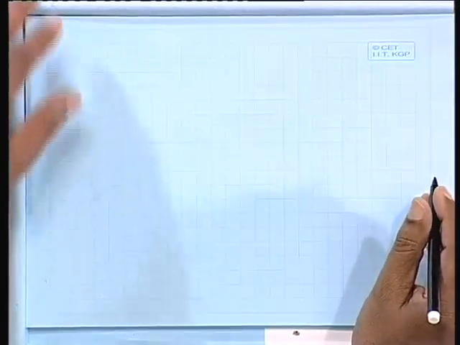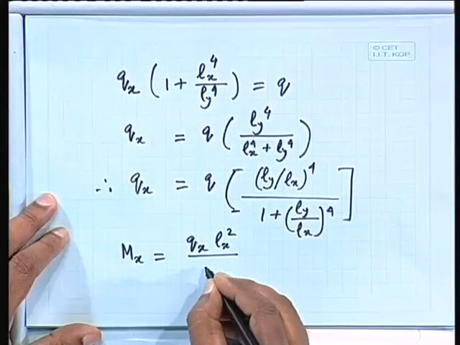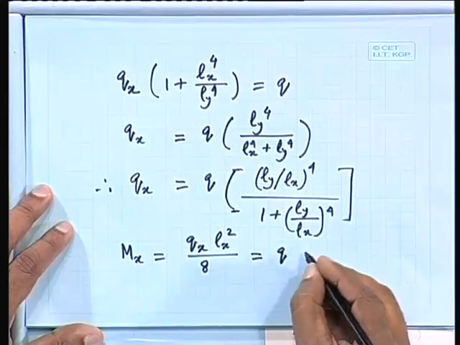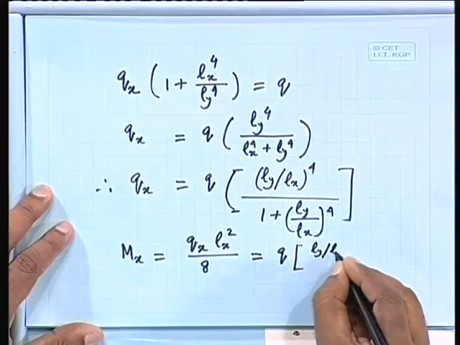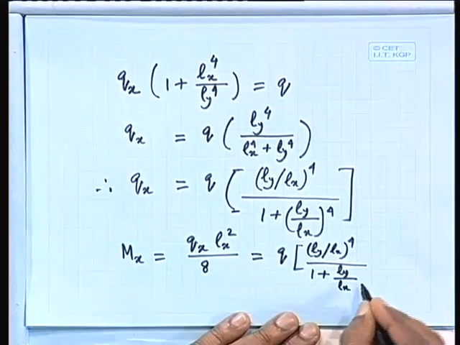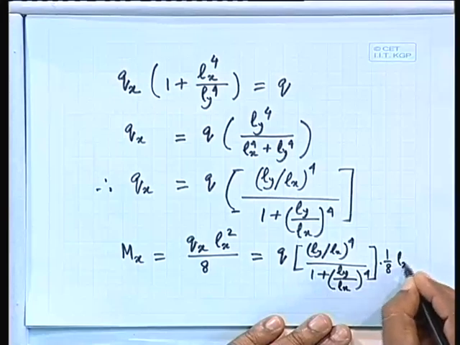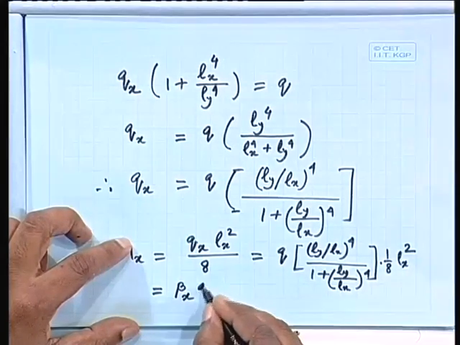Let us finish this one: the moment Mx equals Qx Lx square by 8, equals Q times Ly by Lx to the power 4 by 1 plus Ly by Lx to the power 4, into 1 by 8 Lx square, which we write as beta x times Q Lx square.